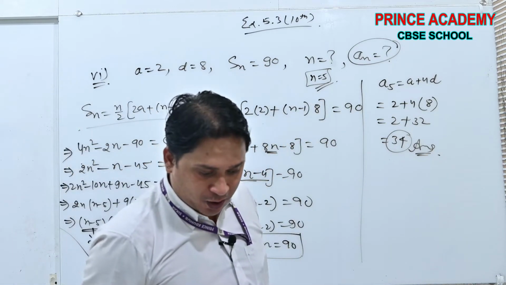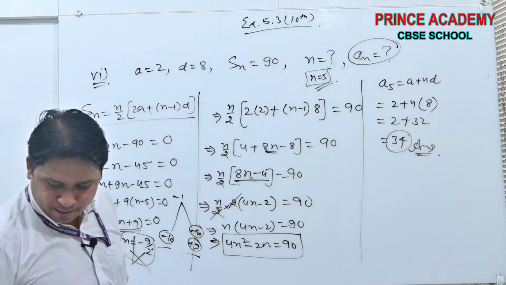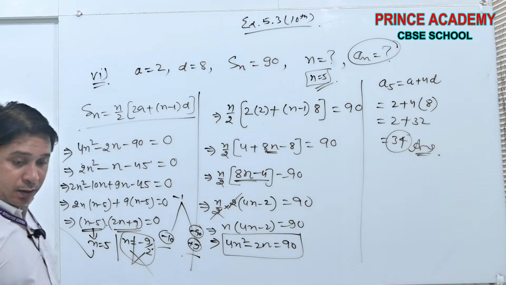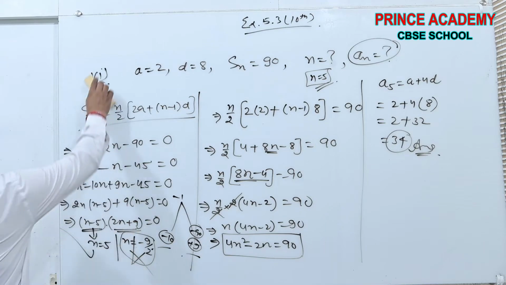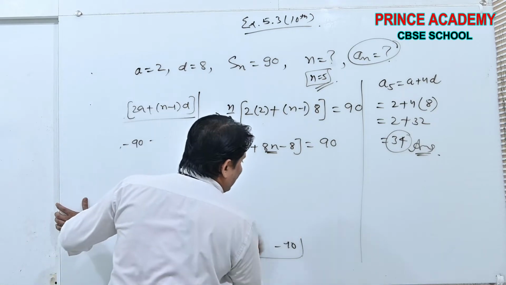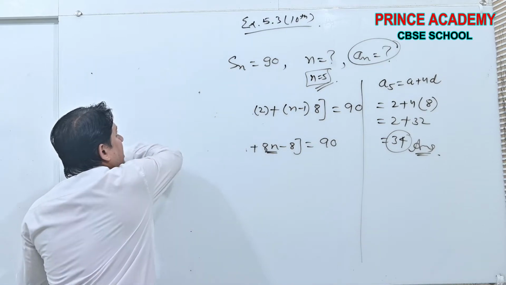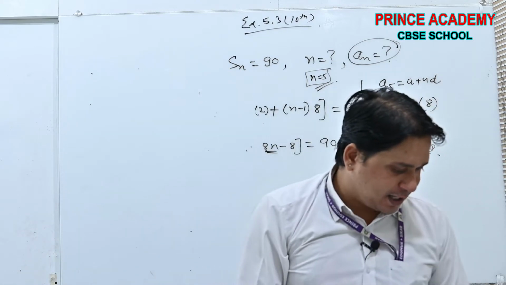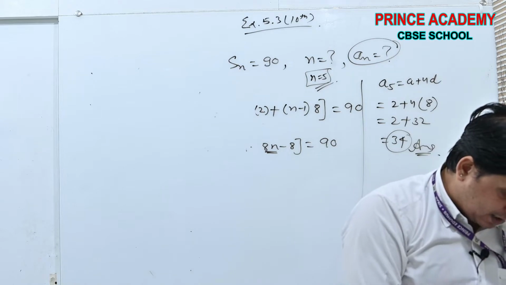Yes or no? Sure, beta? Now see. Next part. Take the screenshot. Now I am going to solve it. Next, beta, what is given in the next part? Let me see the statement once. What is asked here?